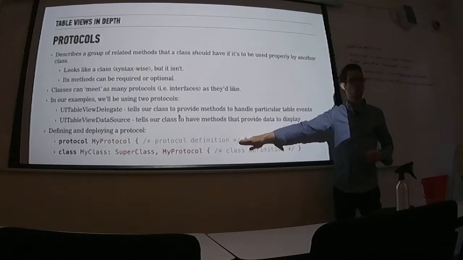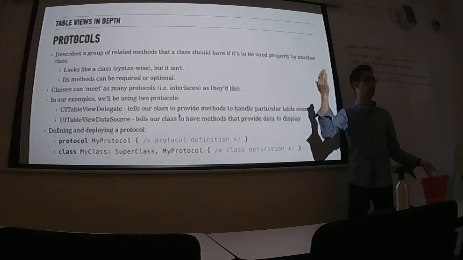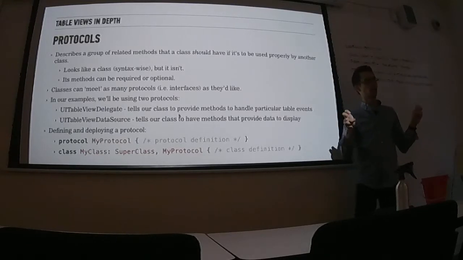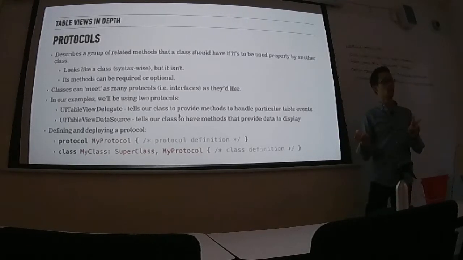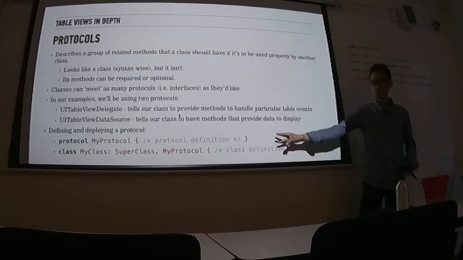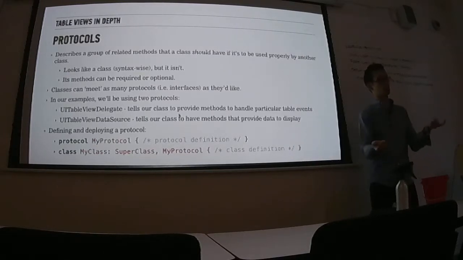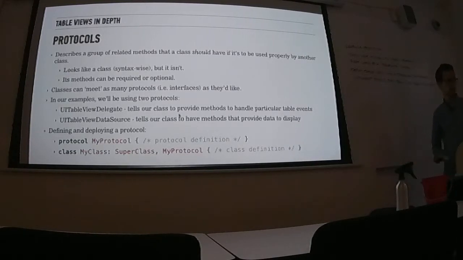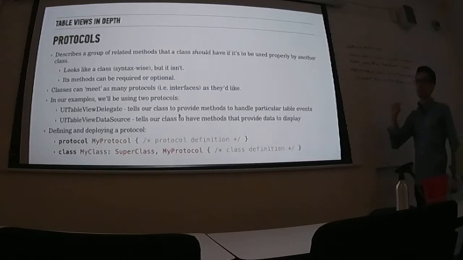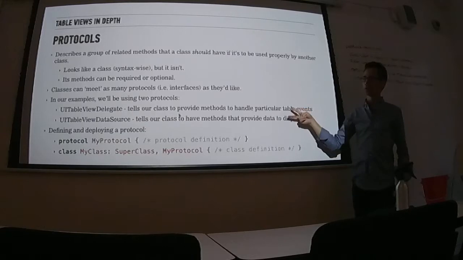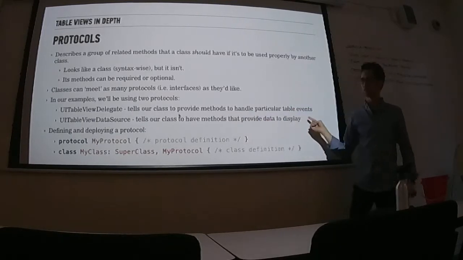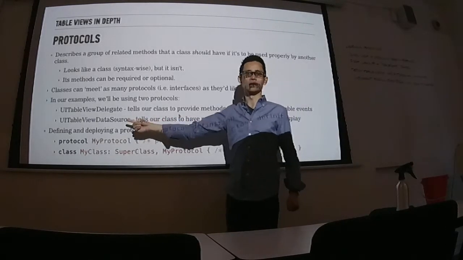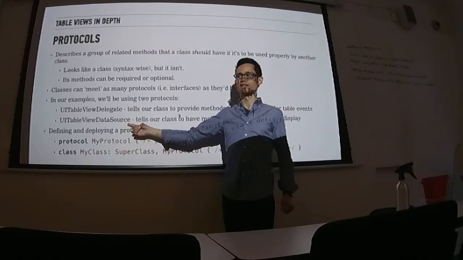These methods that show up in the protocol can be optional or required. So the required ones are the ones that I'm talking about, but there are optional ones as well that more intelligent consumers will be able to distinguish between. Okay, in our case, we're interested in two protocols. We're interested in this UITableViewDataSource. Names are going to start getting really long, by the way.